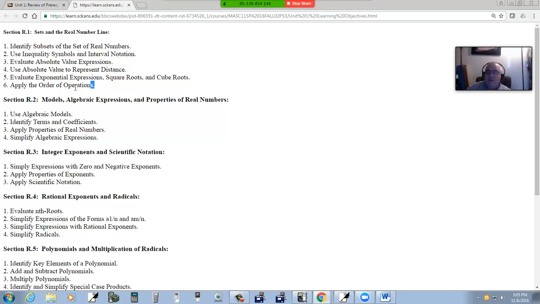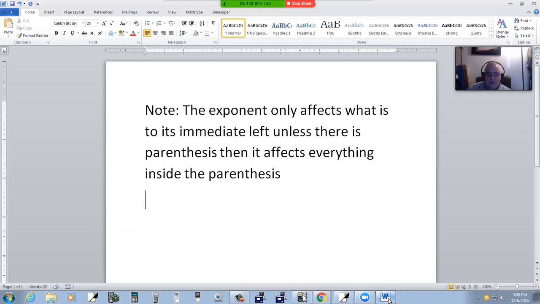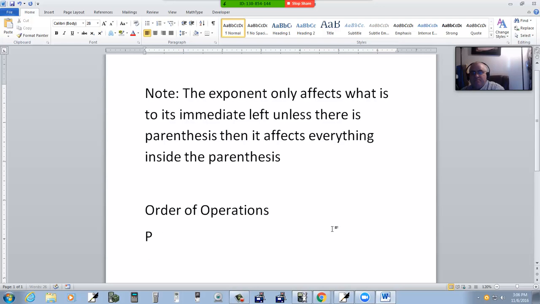Let's take a look at the order of operations. We have a way to remember what to do.